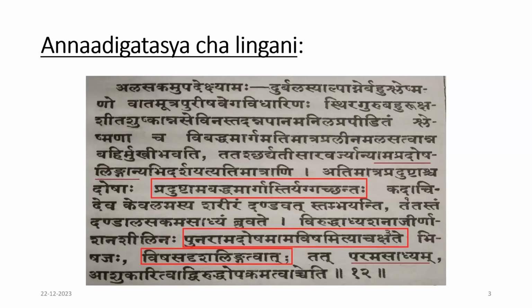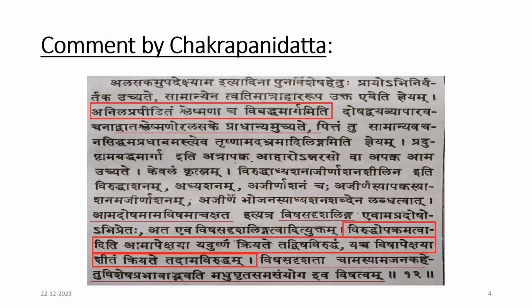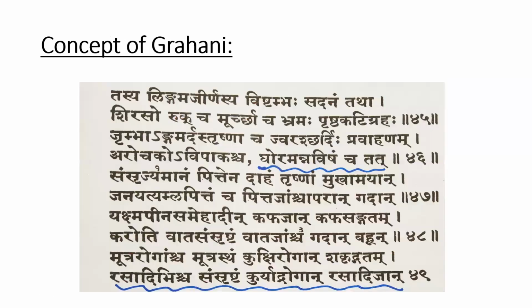So coming back to this dermatitis area, where Annadigatasya Chalingani and Annaja Visha will directly lead to Alasaka Visuchika, one side that we discussed while we just dealt with the GIT acute clinical conditions.